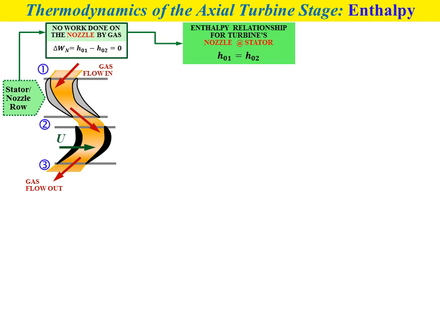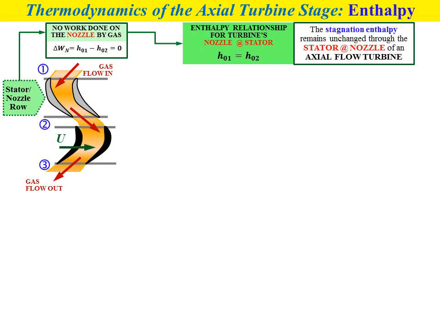This is the relationship in terms of enthalpy for the nozzle or stator. The full statement is that the stagnation enthalpy remains unchanged through the stator or nozzle of an axial flow turbine.